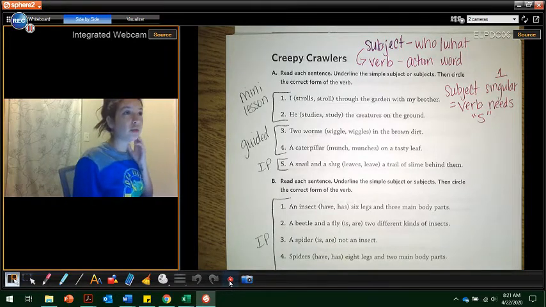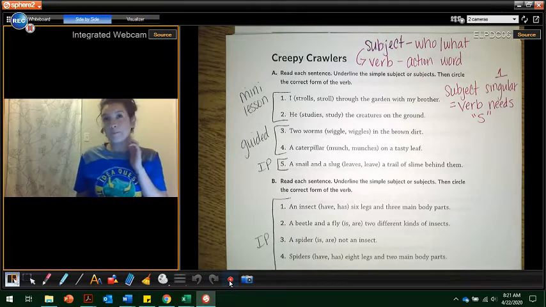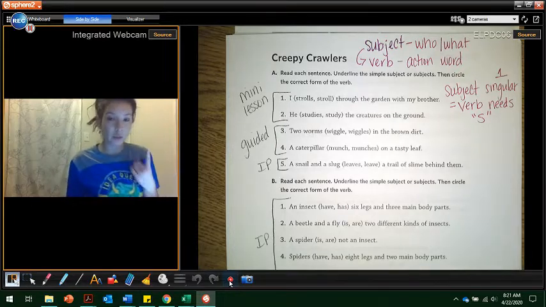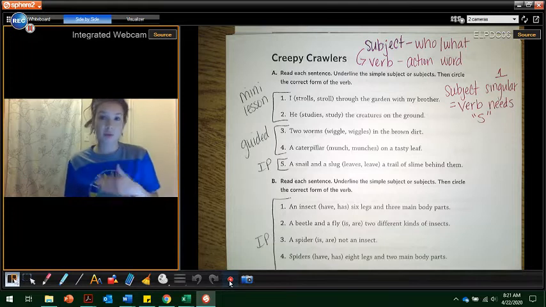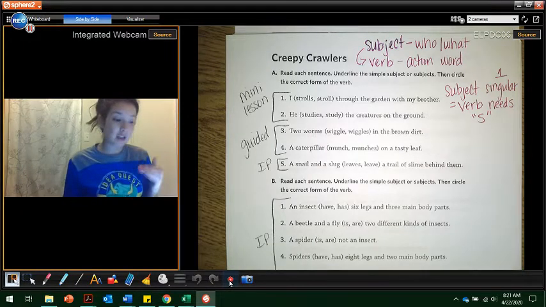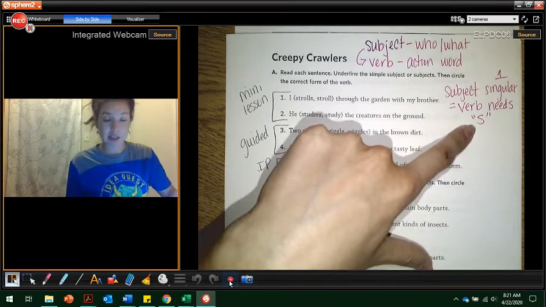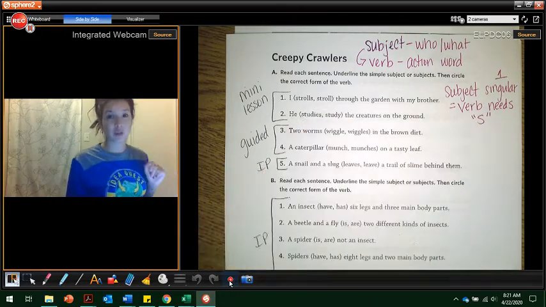Let's say I'm using Alea, right? That's one person. It's a name. Alea talks to her mom on the phone. I would not say Alea talk. The verb actually needs an S because the subject was singular.